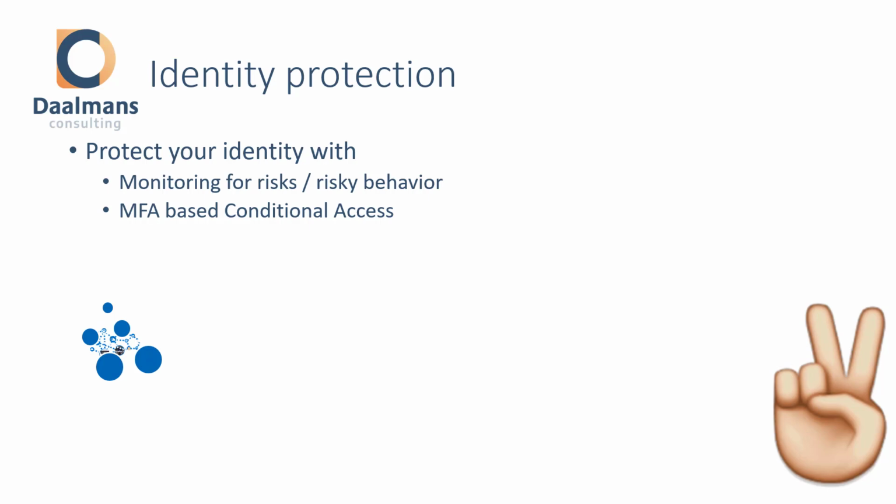And basically that's being done by default in Azure AD. If you don't have an Azure AD E5 license, it will still monitor for risks and risky behavior. But with Azure AD Identity Protection, we're able to perform automatic actions. So how is this done?